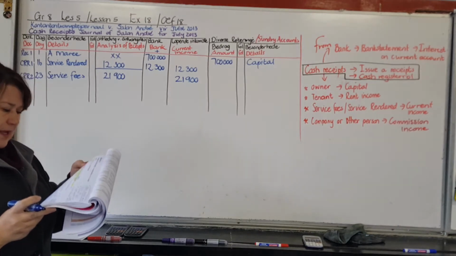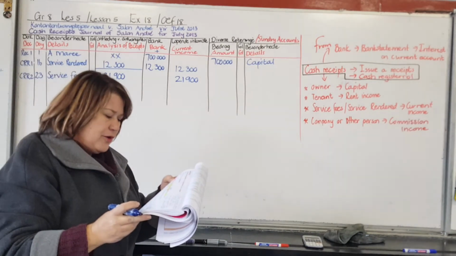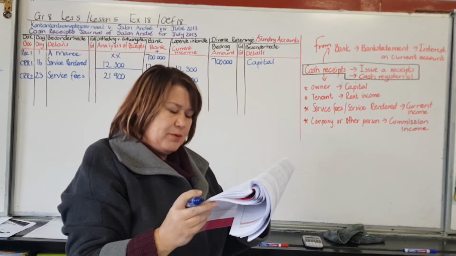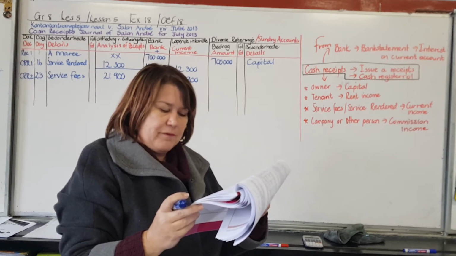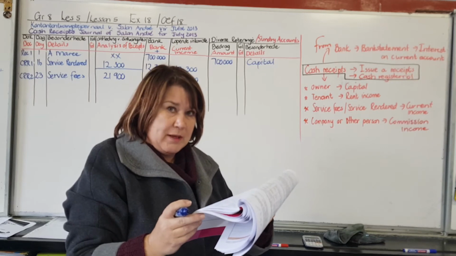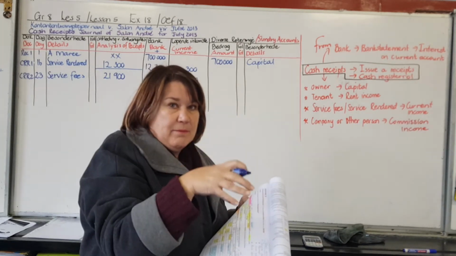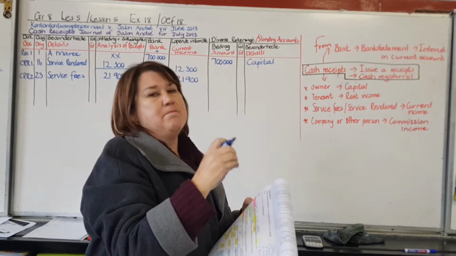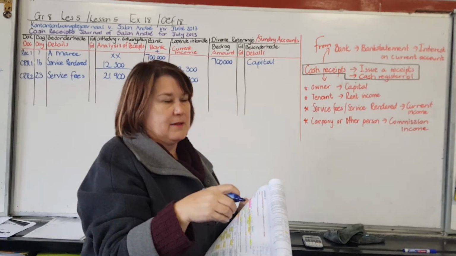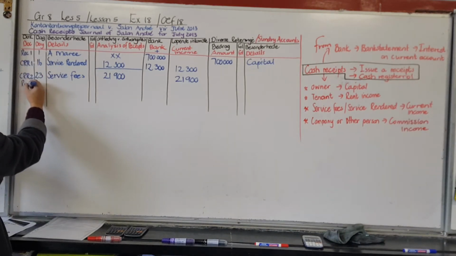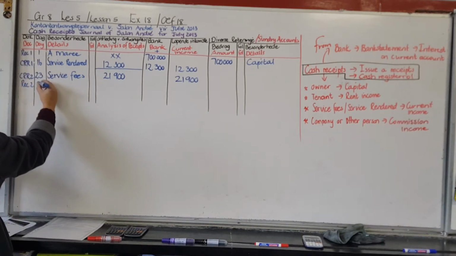Because on the same day, the owner increased his capital by handing over a personal check to the amount of 50,000 to the bookkeeper. Can you see he handed over the money in the business to the bookkeeper? He didn't pay it directly into the bank account. So the owner, we're going to give receipt number 2 on the 23rd.